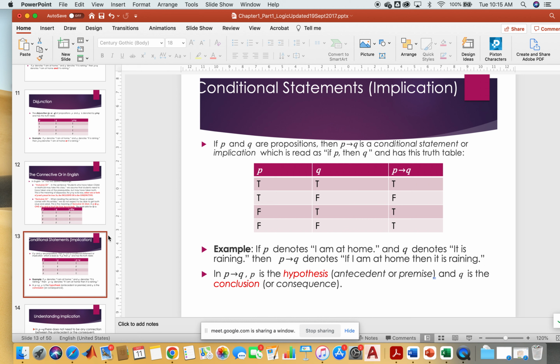A useful way to understand the truth value of a conditional statement is to think of an obligation or a contract. If I am elected, then I will lower taxes.